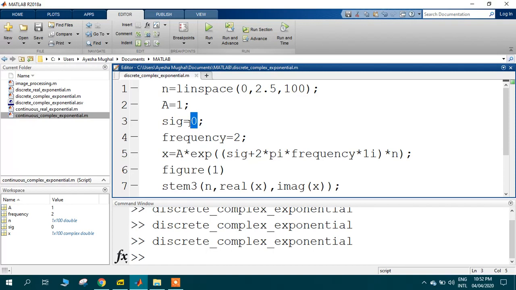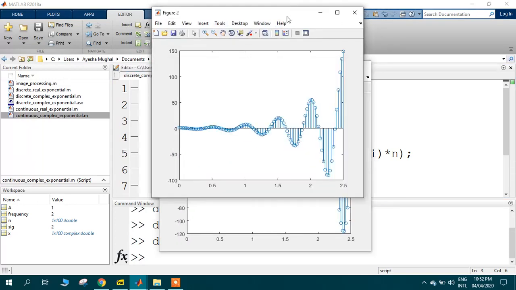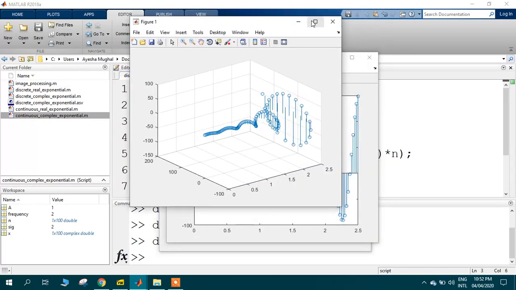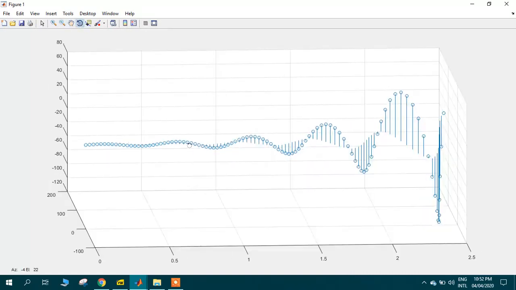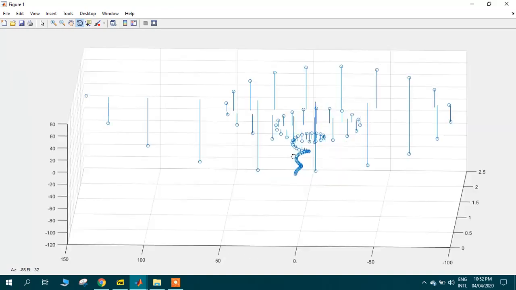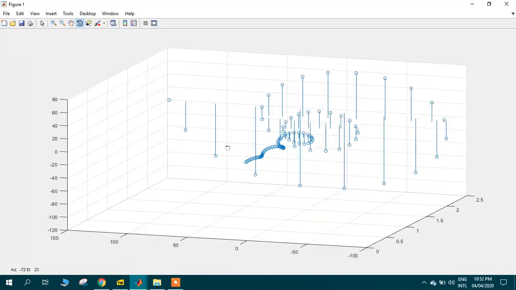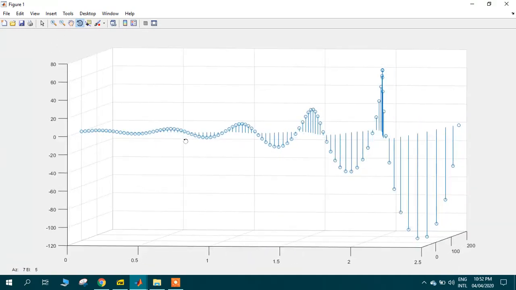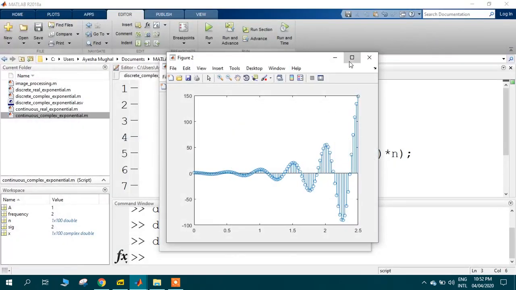Let its value be some positive value. Now see what happens. Figure 1 is going to be the whole function. In case of a positive value, we can see that its values are continuously increasing exponentially. Let's see its real and imaginary parts separately. Figure 2 is its real part.